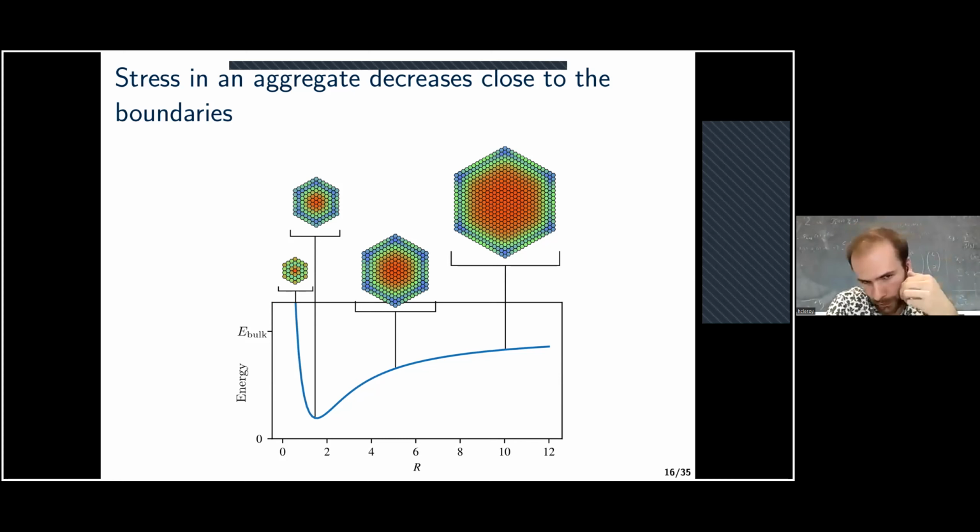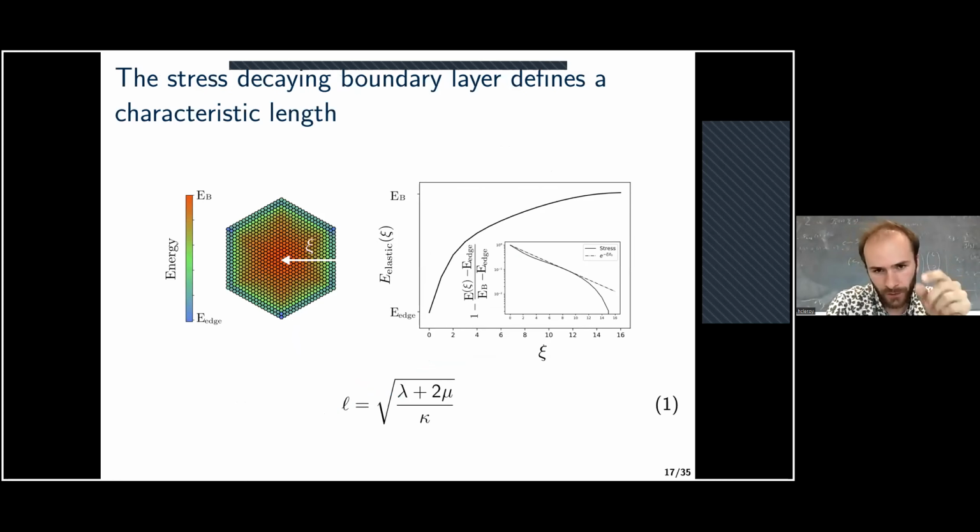And in fact, if we have a closer look at this system, we can plot the elastic energy of the individual particle as a function of its distance from the boundary. And as you can see, it increases up to a maximum value, which is the bulk energy. And it's an exponential increase with a characteristic length scale that I'm calling here L. And what the continuum limit model is telling you is that I can write this characteristic length scale as a function of the mechanical parameters of my system, the mechanical parameters of my two elastic sheets, lambda and mu, and the stiffness of the coupling.